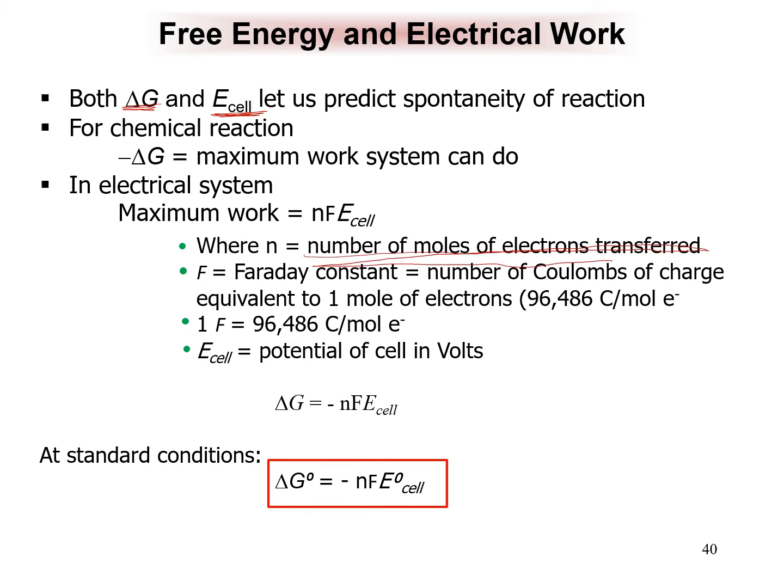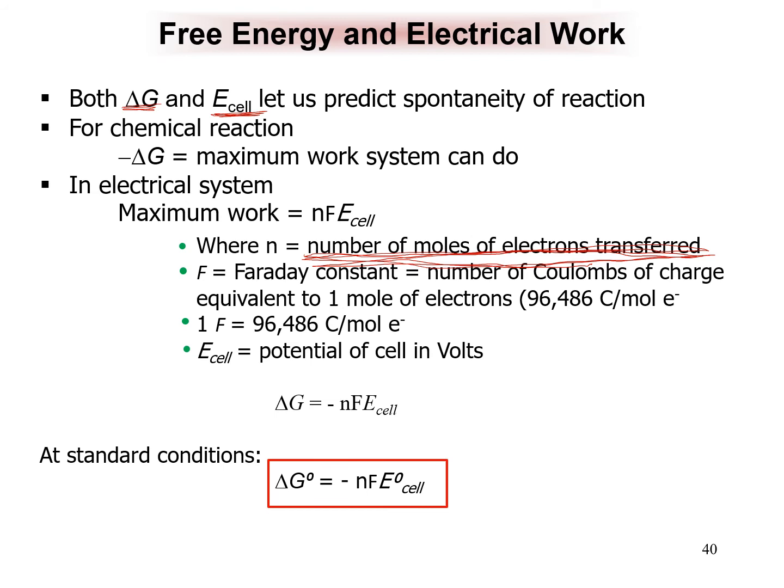Now how do you figure out the number of moles of electrons? This is coming from the balanced reaction. When you balance the two reactions, you cancel out the total number of electrons. When we're adding the two reactions at the final step, we cancel out the total number of electrons. That is the total number of moles that will go here.